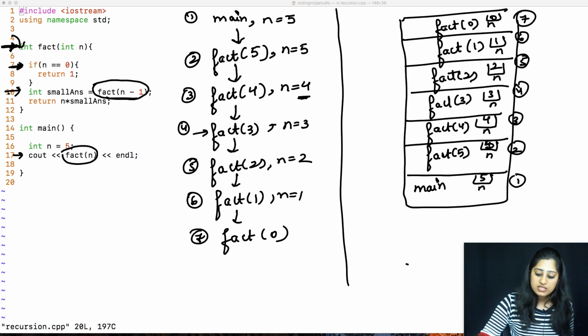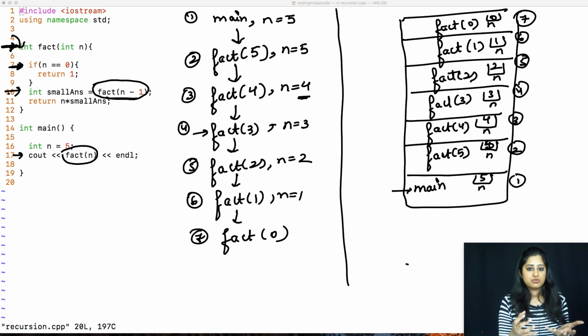Now, all these calls are actually waiting for the answer from the function that it has called. That is, main is inside the stack and it is waiting for the answer of 5 factorial. Factorial 5 is inside the stack and is waiting for the answer of 4 factorial. 4 is waiting for the answer of 3, 3 is waiting for the answer of 2, 1 and 0.